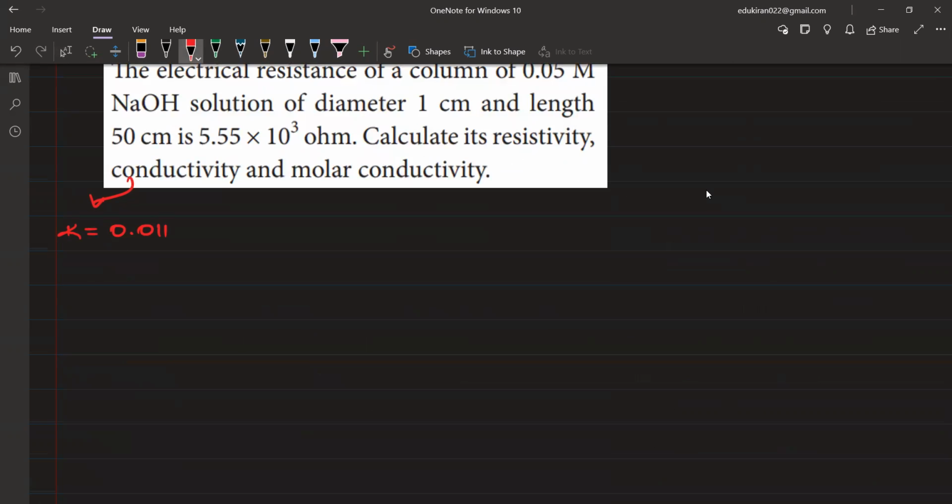यूनिट क्या था? यूनिट बताइए, जल्दी बताइए, क्या हो गया?